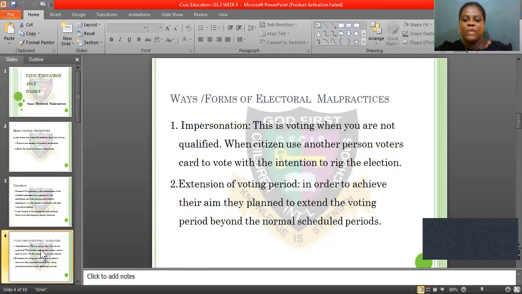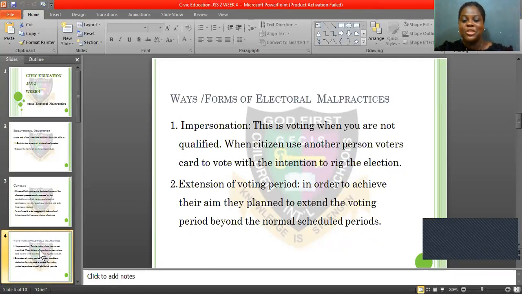This is when you are not qualified to vote, but you come out to vote using another person's voter's registration card. This is done with the aim of rigging the election, and that is electoral malpractice because there is no free and fair election in that.